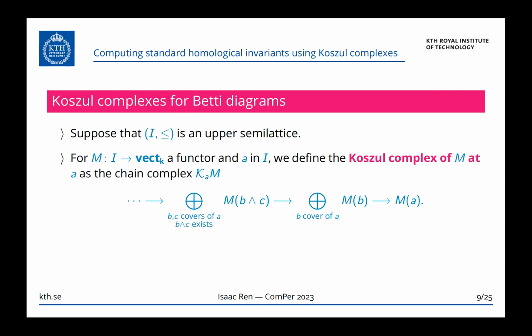And then for a functor M and an element A in the poset I, the Koszul complex of M at A is a chain complex of vector spaces, which looks like this.